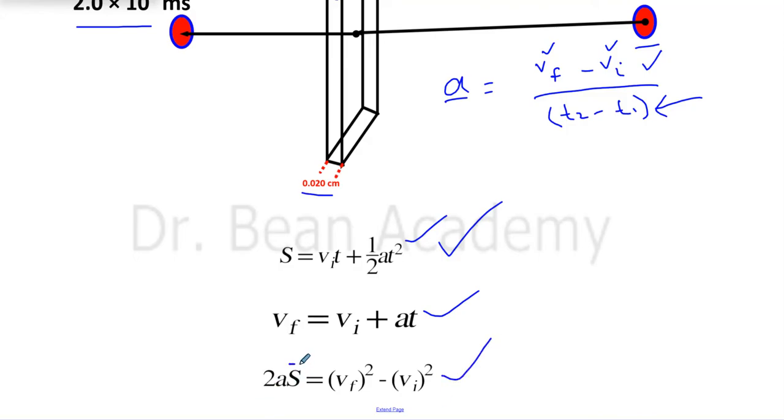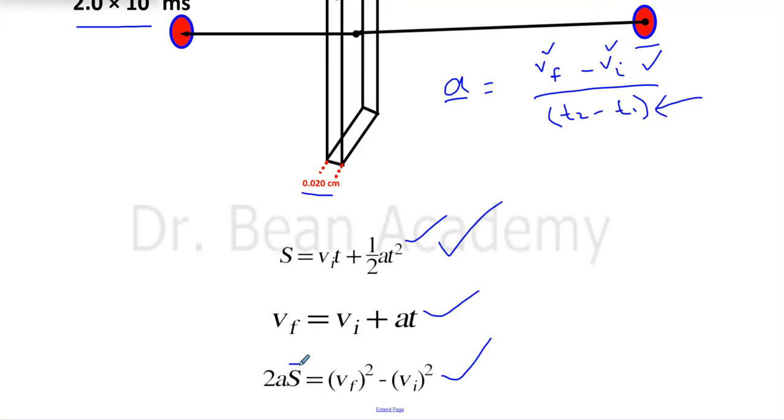Here S is the distance traveled. Most of the textbooks write displacement or distance as S, so I am writing it as S. But I would prefer to write it as D because D is for distance, right? Anyway, I am just following the textbook notation.